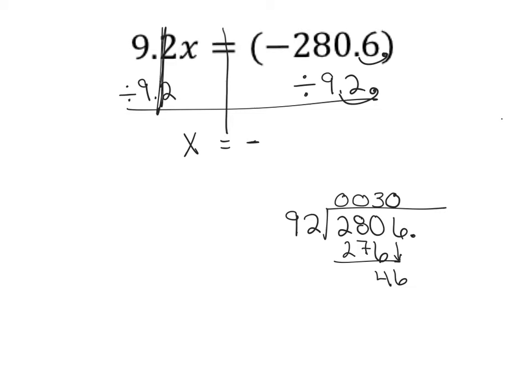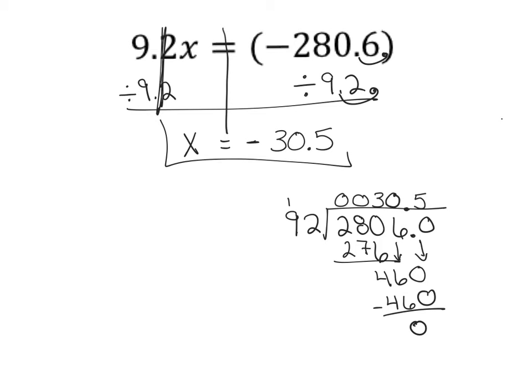Now bring that decimal up, and add a 0 and drop it down. So now I'm trying to look, how many times will 92 go into 460? I'm going to say it's probably about 5 times, because 9 times 5 is 45. 5 times 2 is 10, carry that 1. 9 times 5 is 45, plus that 1 is 46. And I would have 0 left over. So my answer would be negative 30 and 5/10.